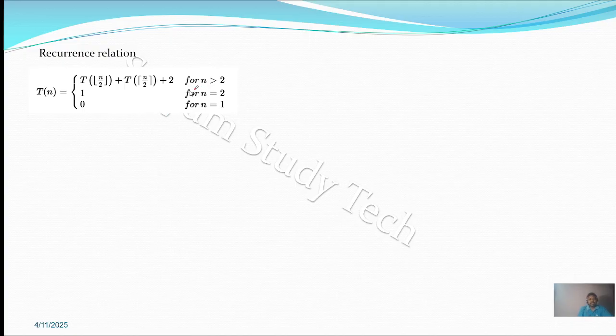If the array consists of more than two elements, then that entire array is divided into two parts and two comparisons are needed. So here we can write T of n equal to T of n by 2 plus T of n by 2, that is 2T of n by 2, plus 2.